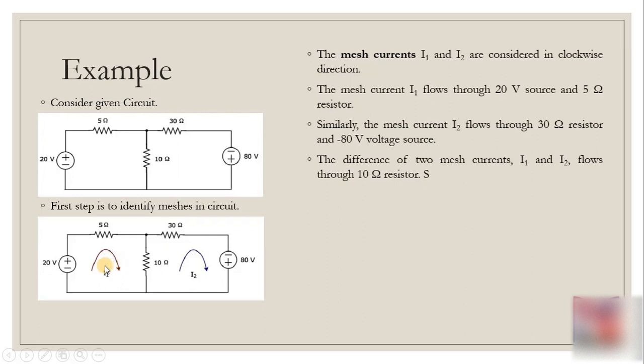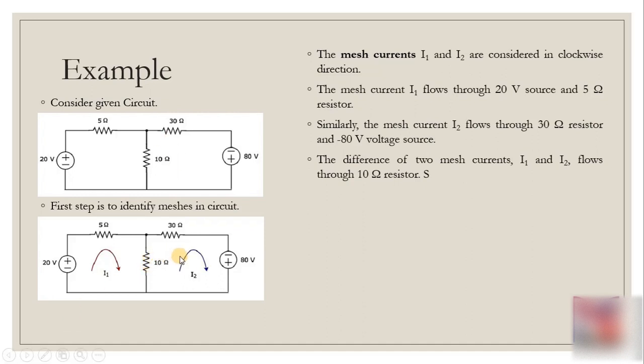If we consider KVL through mesh 1, then it will be 20 volts minus I1 R1 minus (I1 minus I2) multiplied by this resistance.